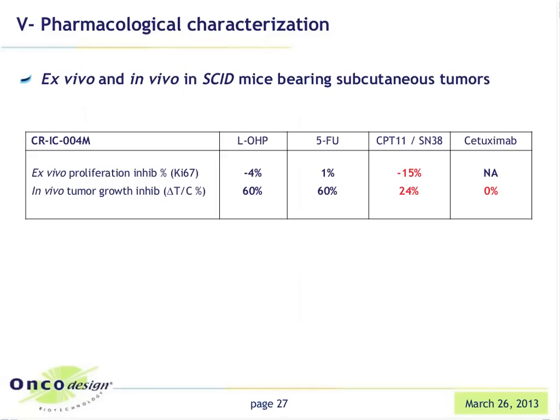We can perform some ex vivo analysis that's been done on this specific tumor, and the results for the pharmacological study that's been done in vivo. So here as an example, it was not responsive to oxaliplatin, 5-FU, and we get a response with CPT11 and a very good response with Cetuximab.